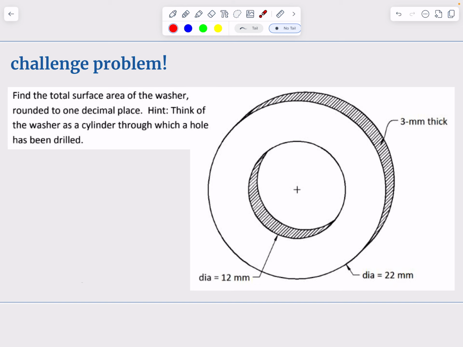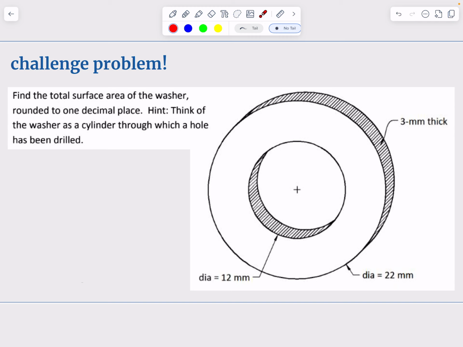But we also talked about how with any kind of three-dimensional shape, if we can break the shape down into its different parts, its sides, its front and back, its top and bottom, and we can think of those as shapes that we know how to find the area of, then we can find those individual areas, and at the end we can put them back together in a way that gives us the total surface area of the shape.